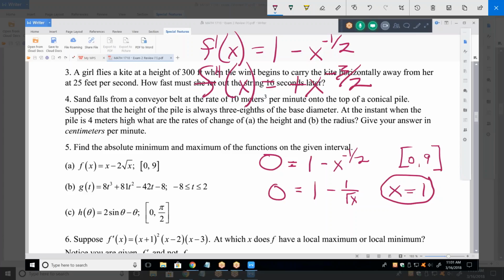Okay. And now the question is, what is that at x equals 1? In other words, I have to do f double prime of 1. And when I do f double prime of 1, I get a positive number. That means it is concave up, which means it is a minimum.